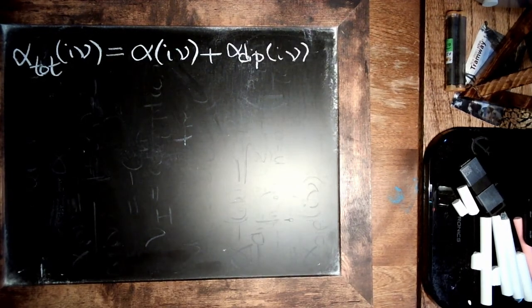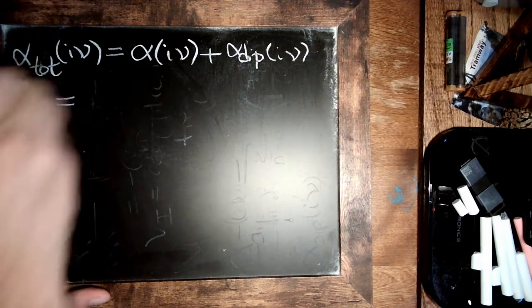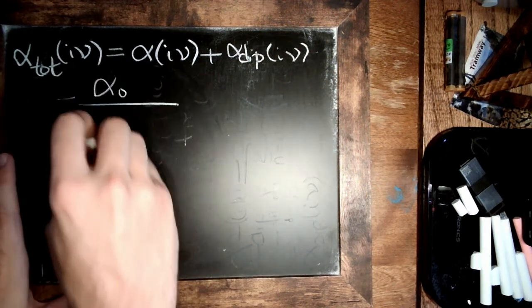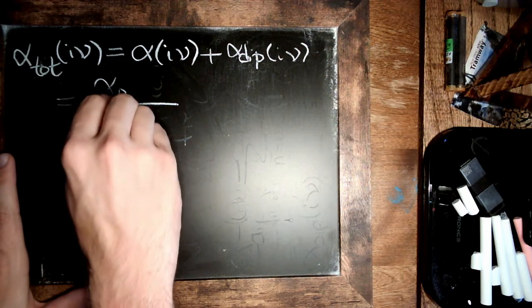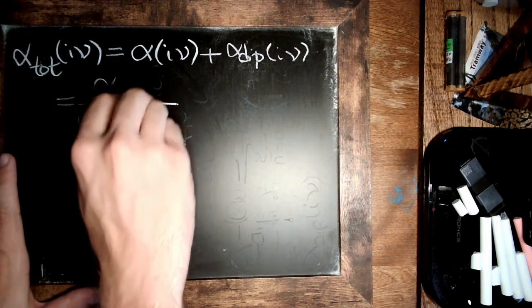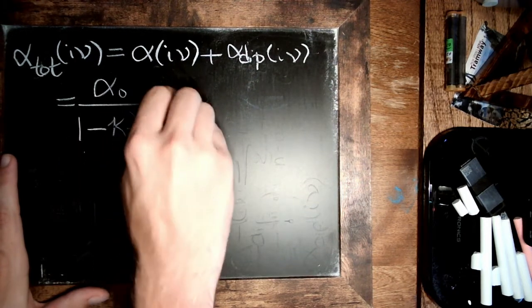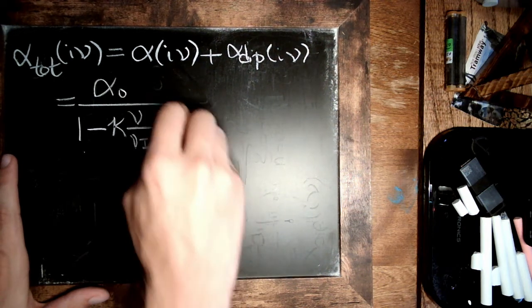And what we can say for those two expressions is it's alpha 0 over 1 minus kappa nu over nu I plus nu over nu I squared.